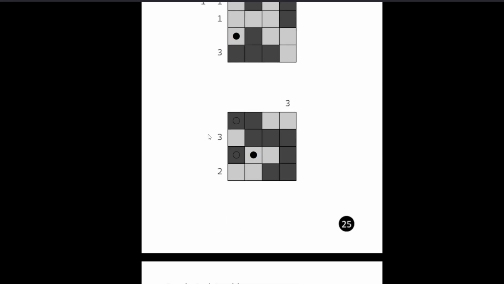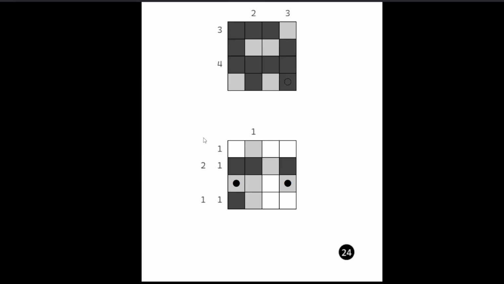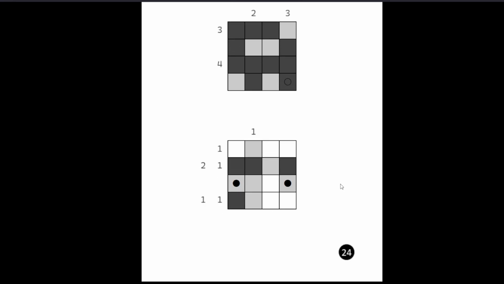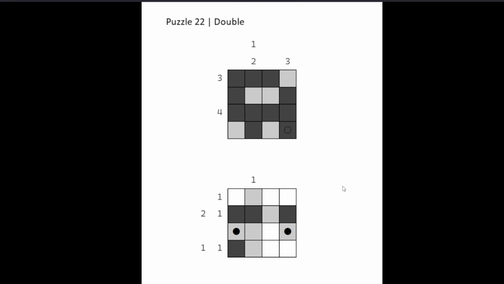So what's stopping that from occurring here? Why can't this and this just be black? That seems like it would work. So what rule is stopping that? Well, we can only have one black cell here.